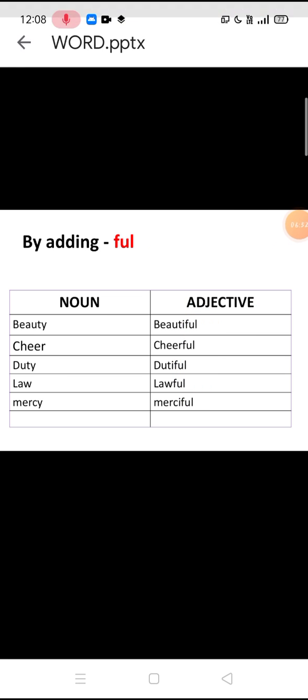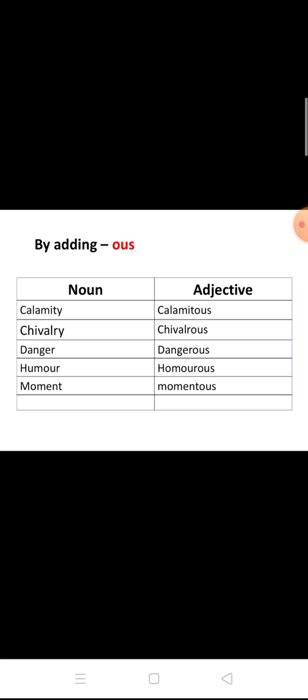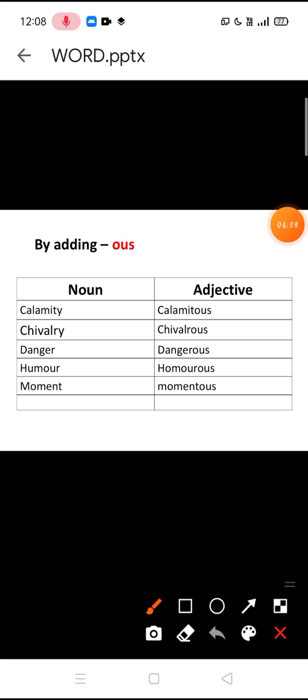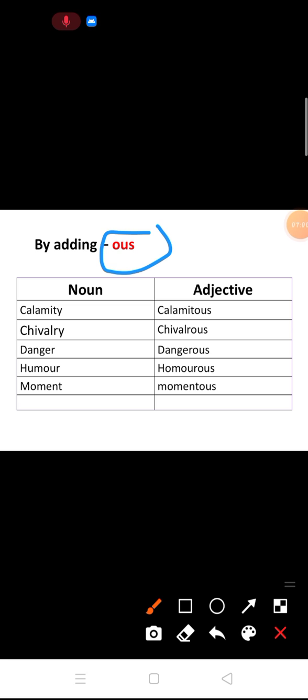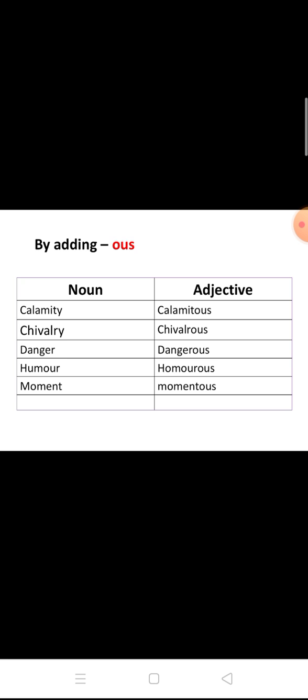Now, let us see the next example. We have to add ous as a suffix. As we can see here, suffix is added to the noun and it will become an adjective. Calamity, chivalry, danger, humor, moment. These are the nouns.